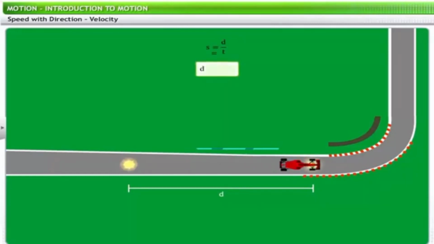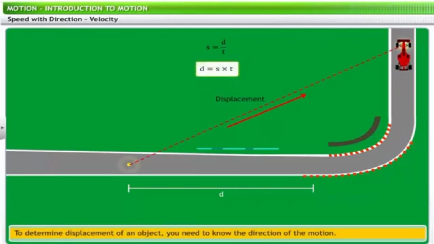Therefore, d is equal to s multiplied by t. However, it does not give you the displacement of the object. To determine the displacement of an object, you need to know the direction of motion, along with the rate of the motion.